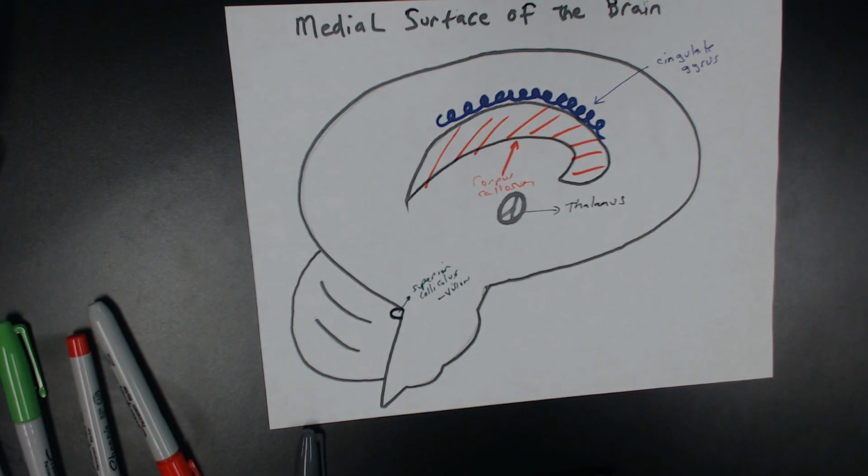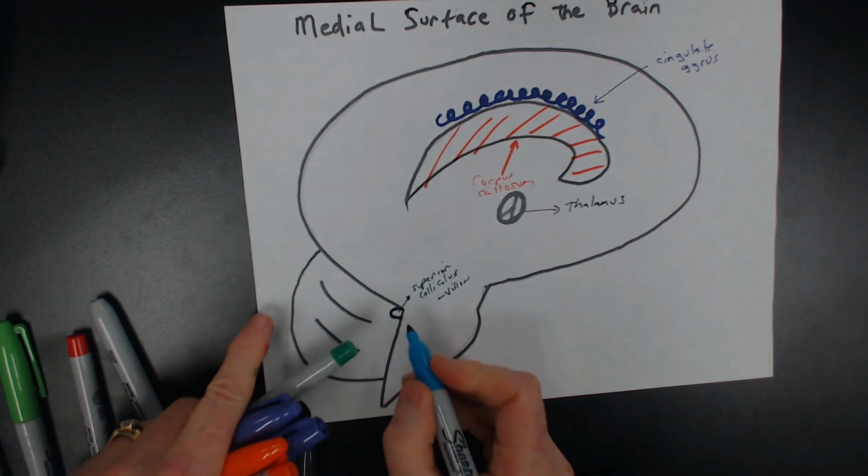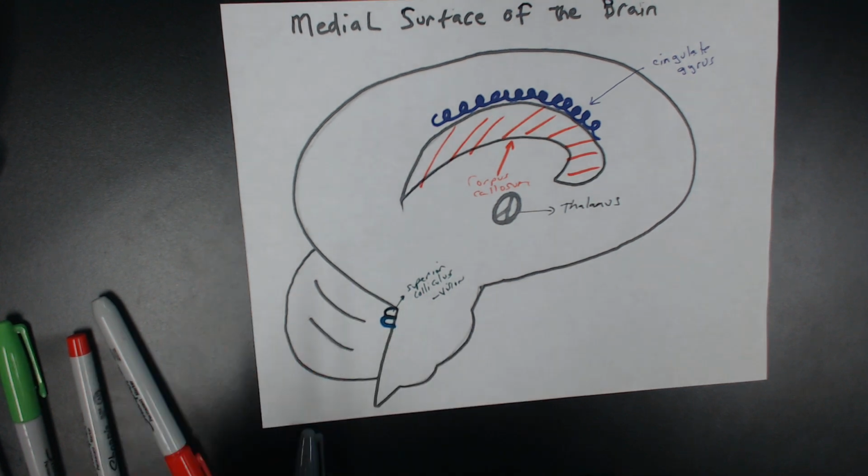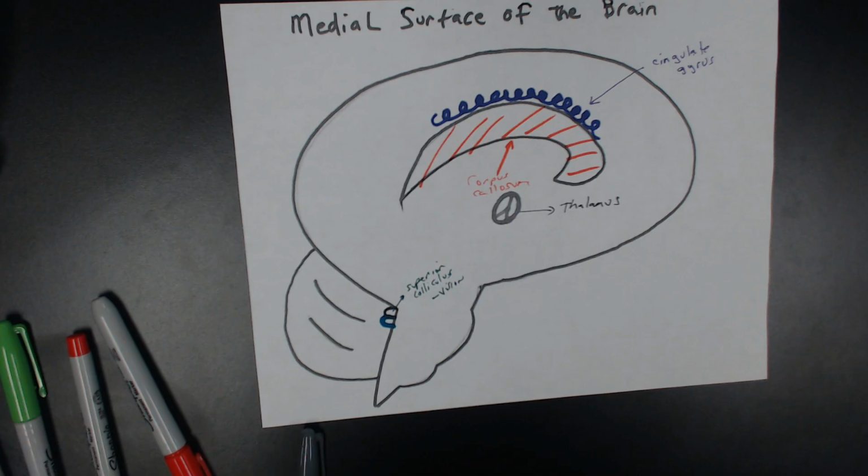And then the last thing we're going to do is label the bottom piece. And if this is the superior colliculus, it's a little bump. What's the little bump right under it? Yeah, that's your inferior colliculus. And the inferior colliculus is associated with auditory processing, or hearing.